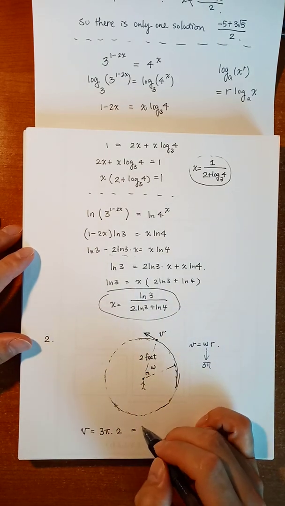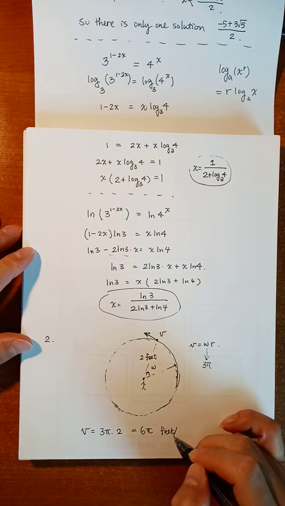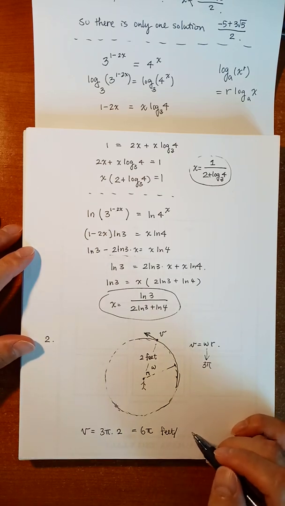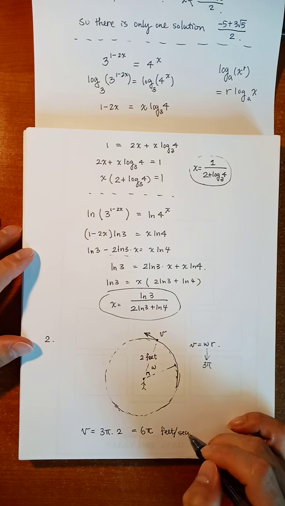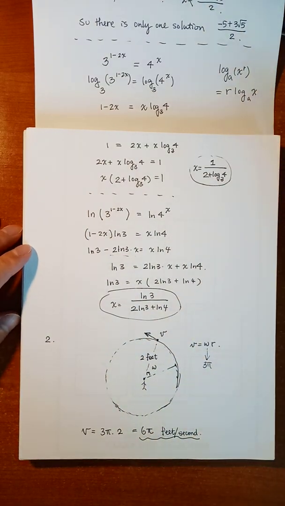So it's 6 pi. I believe the unit will be feet per second. And that's it. The linear speed of the rock is 6 pi feet per second.